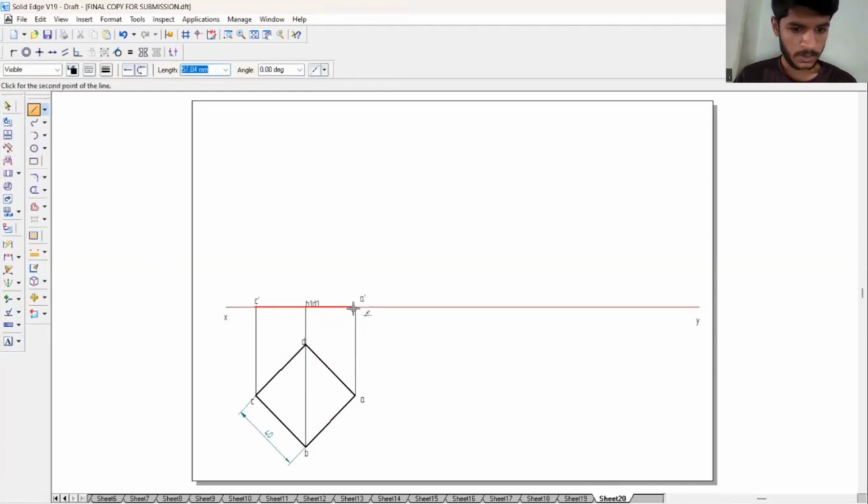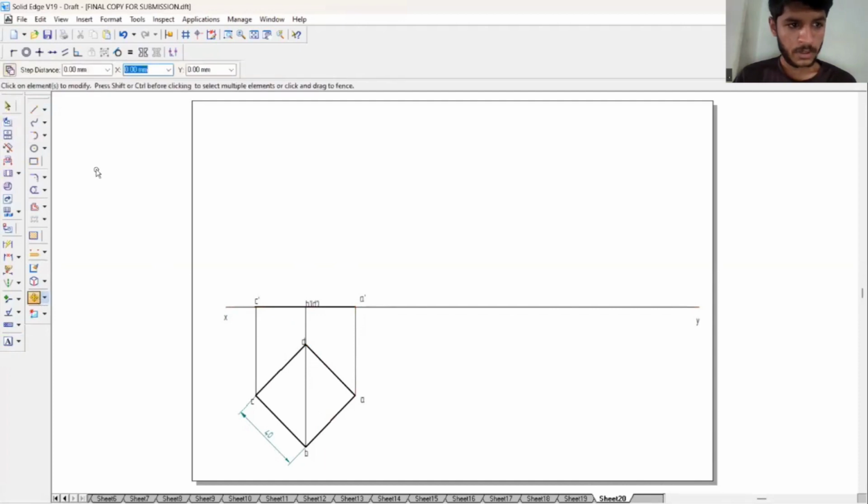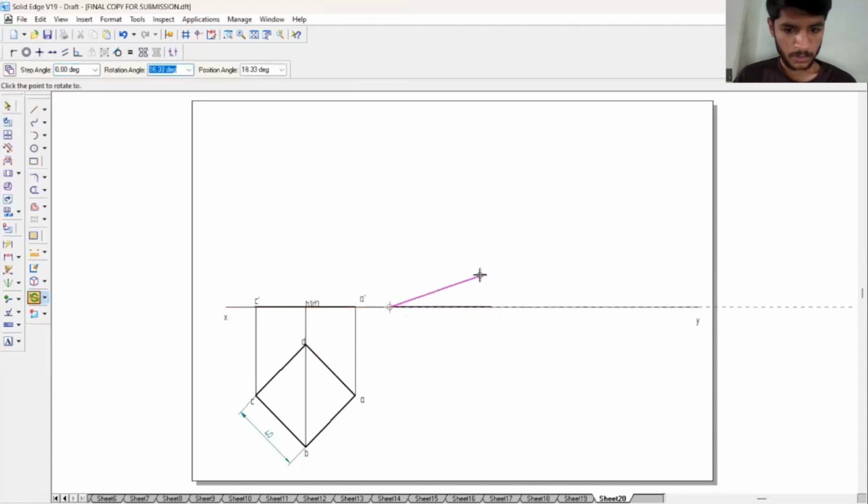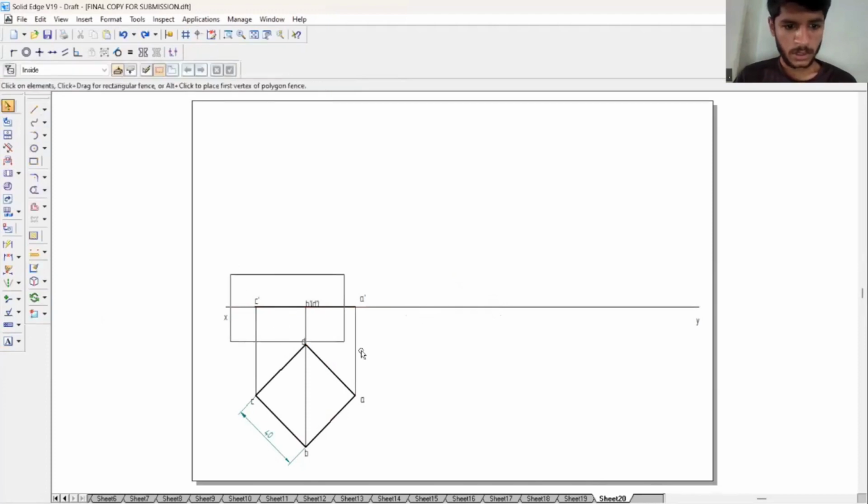Let's draw a thick line on the XY. Let's move it, switch on the copies. Let's rotate it to an angle of... no. Let's erase first and let's move all these lines at a time.